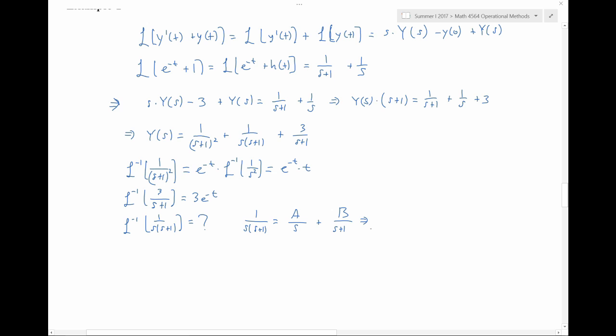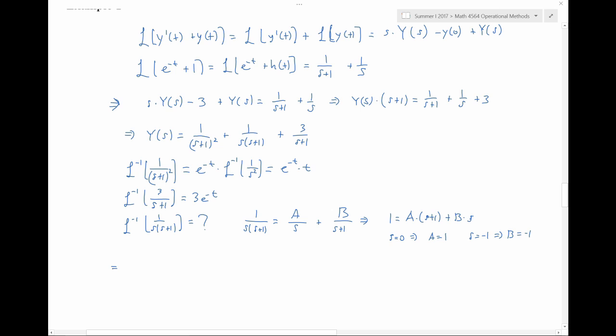which leads to the equation that 1 equals a times s plus 1 plus b times s. Setting s equals 0 will lead to a being 1, and setting s equals negative 1 will lead to b equal negative 1.